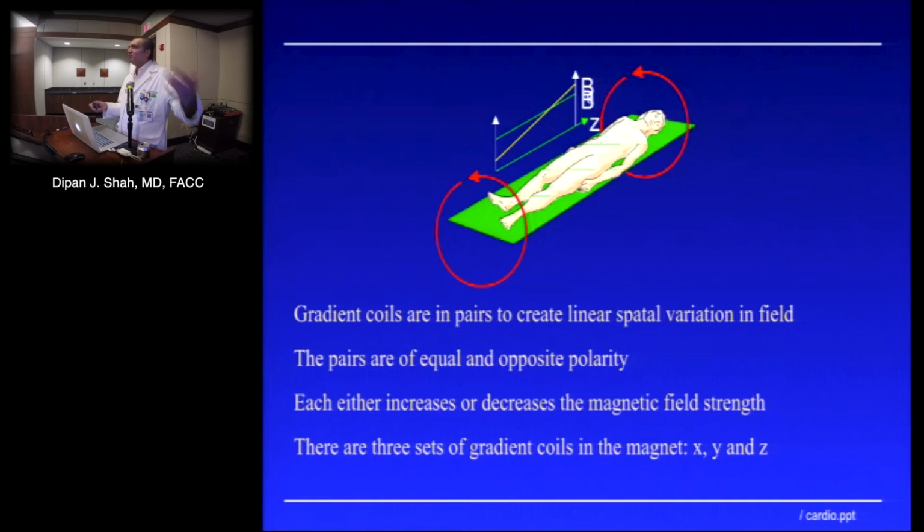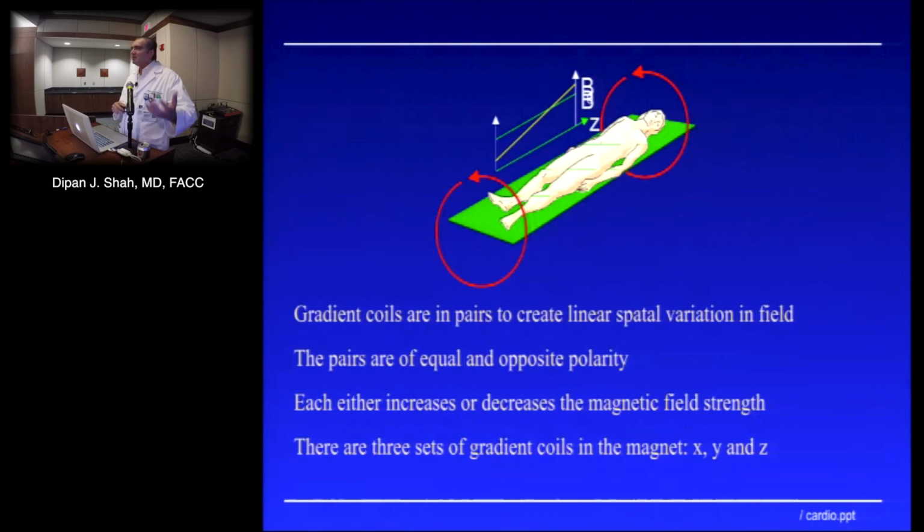So if I apply a radio frequency wave at that specific frequency, 64.01 megahertz, then only the protons within that slice at the heart level will get excited. The protons in the brain won't get excited. The protons in the legs won't get excited.